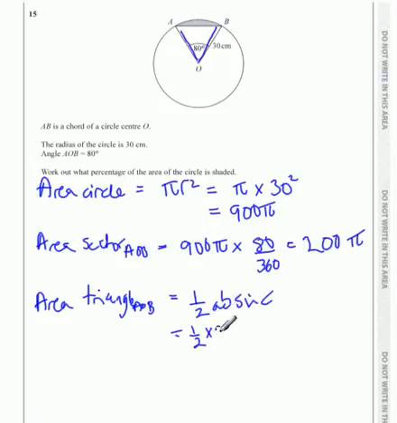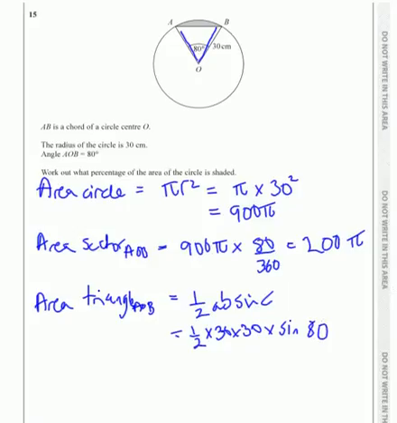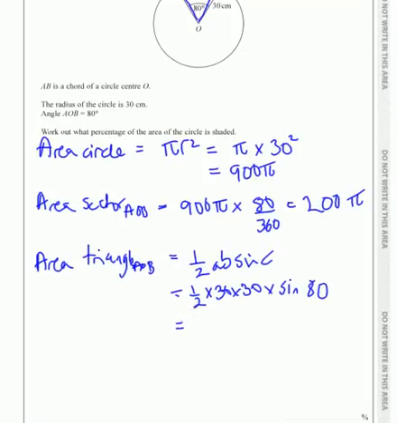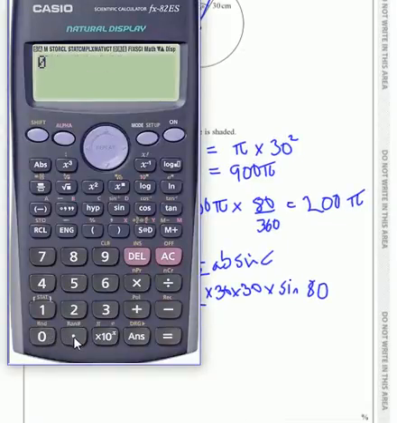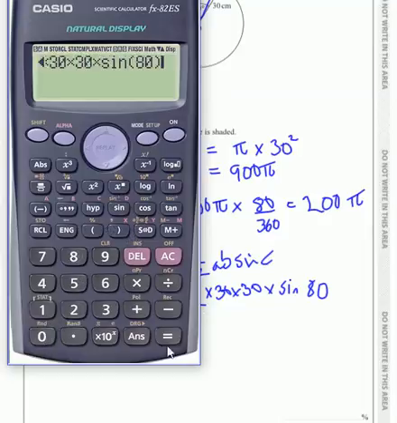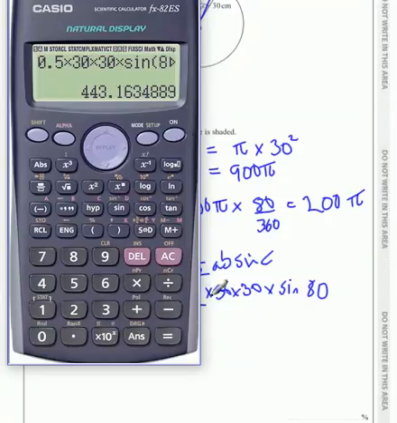So that's a half times 30 times 30, because they're both a radius, and then times by sine of our angle, which is 80 degrees. Putting that in on our calculator, we have 0.5 times 30 times 30 times sine 80. So that gives us 443.16.